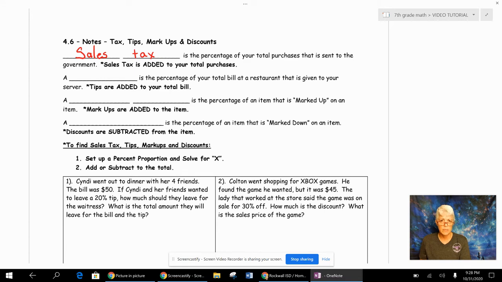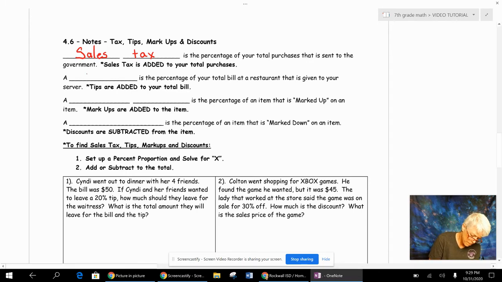You need to be writing something down. So please do that. Sales tax is a percentage of your total purchase that is sent to the government. So when you buy something for $9.99 and it costs you $10.81, that's because the government gets 82 cents for you making that purchase. So that is called sales tax.